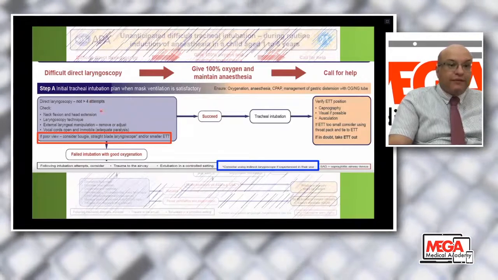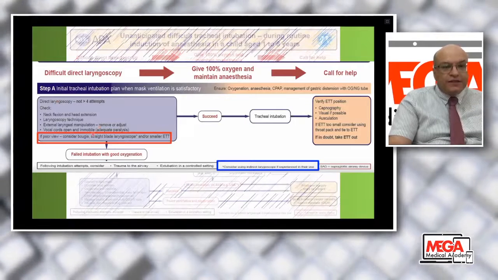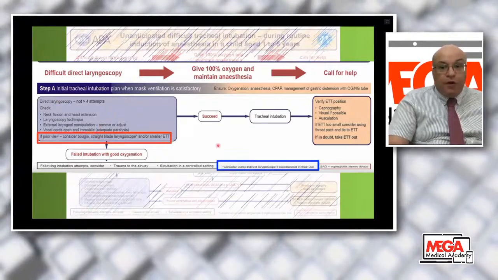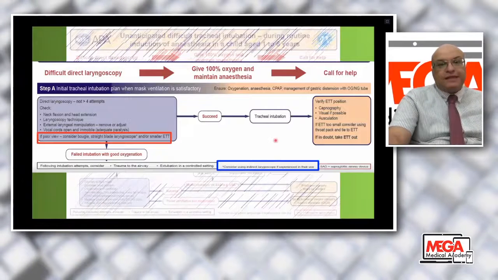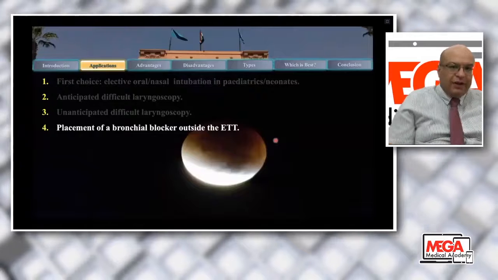With more than 4 attempts using direct laryngoscopy, you have to consider using a bougie, straight blade, or video laryngoscope. So this is for unanticipated or anticipated airway difficulty.